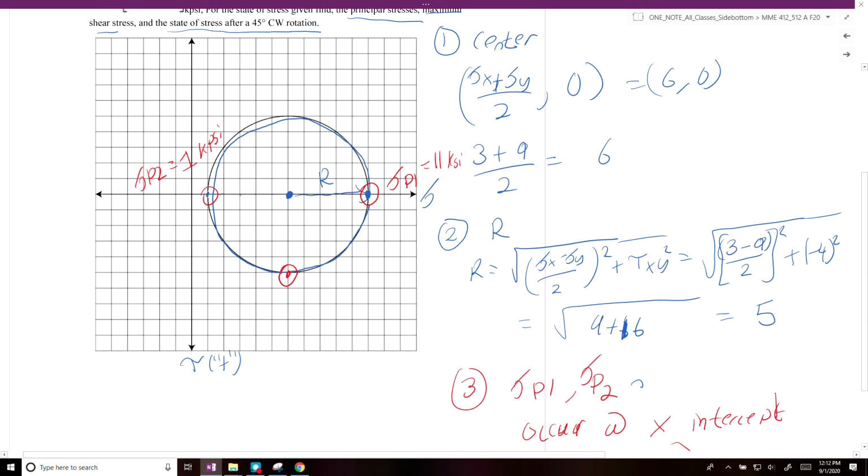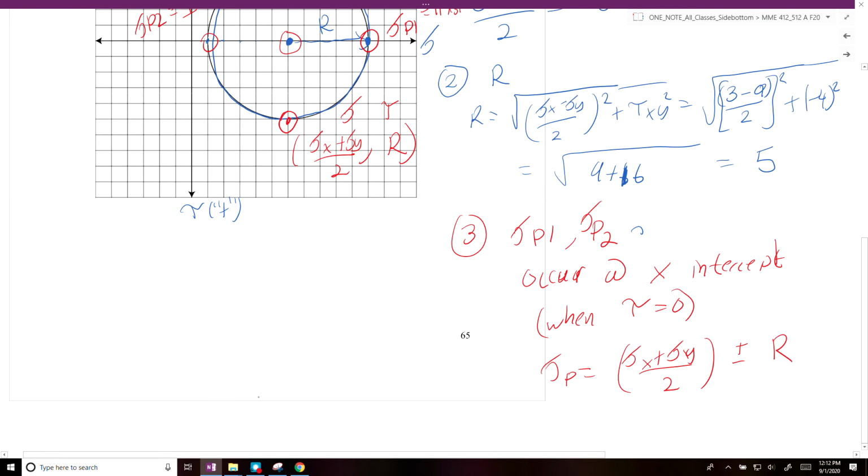It's at the average stress, sigma x plus sigma y over 2, and the value of it is equal to the radius. This is our stress and this is our shear at that point. So tau max is just equal to the radius of our Mohr circle.